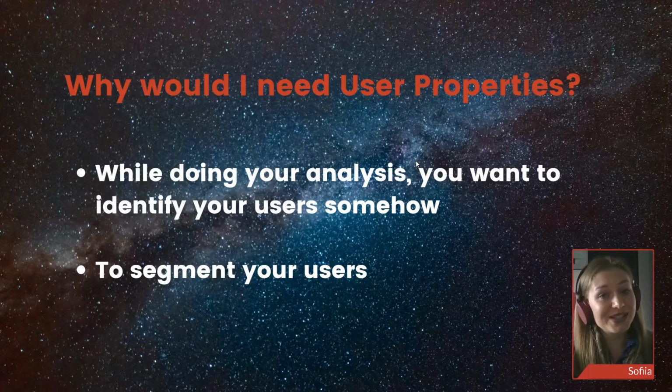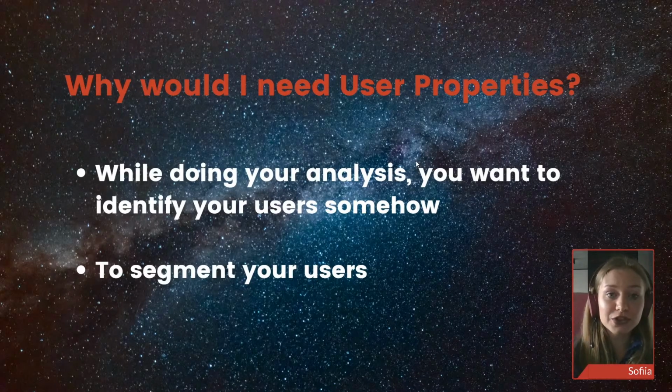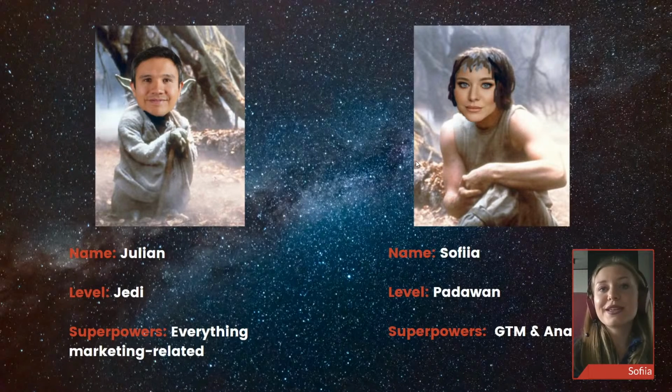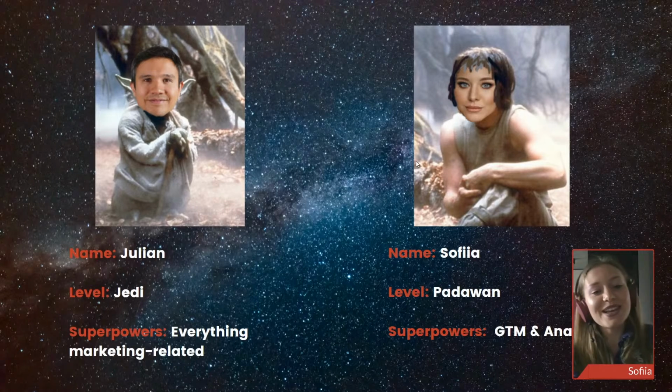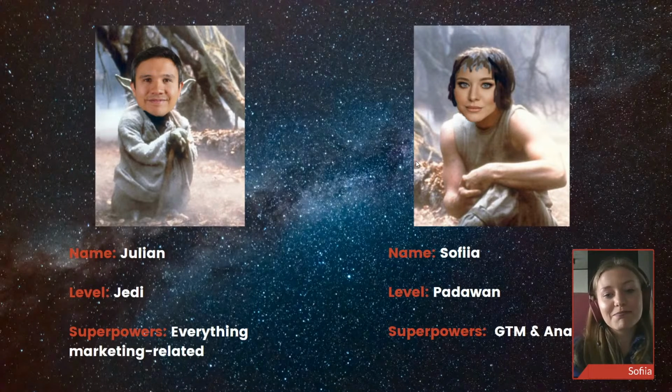This is something which is not provided in GA4, unfortunately. And this is something that we would have to set up on our own, and this is just an example of user properties so that you can remember. I think this is good because you can create associations. So this is something that is describing a user.